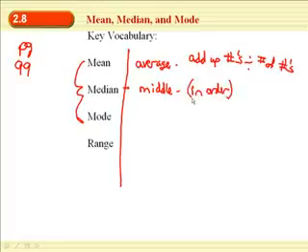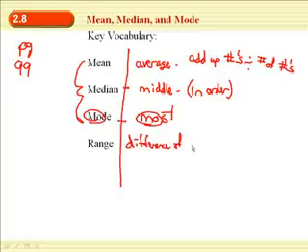You got to remember to put them in order. The mode is the number that happens the most, and I always remember mode, most start with the same word. Range is the difference of the least to the greatest number in the data. So those are the 4 we're going to concentrate on this lesson.